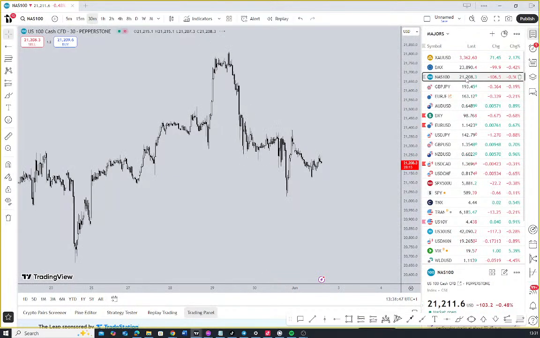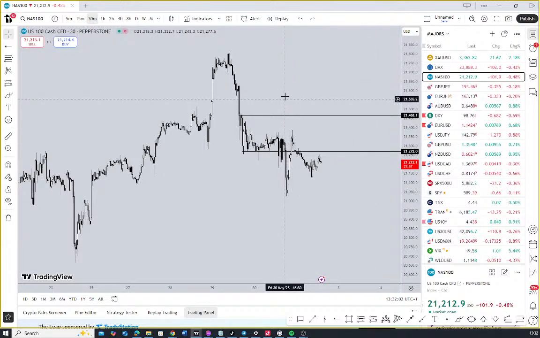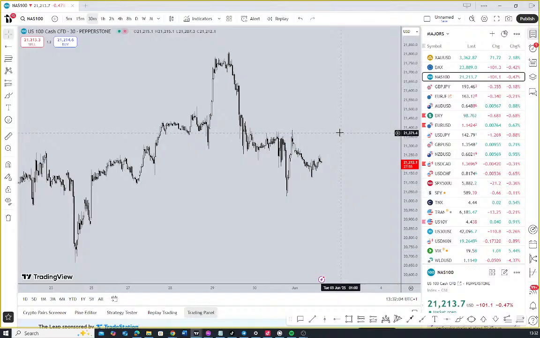Let's see what's happening with the NASDAQ. We do have news coming out of the US at 3 o'clock. It's ISM manufacturing, forecasted 49.3. Now, when it comes to those type of numbers, that 49 can't be seen as a positive number, even if it is an uptick from the previous month of 48.7.